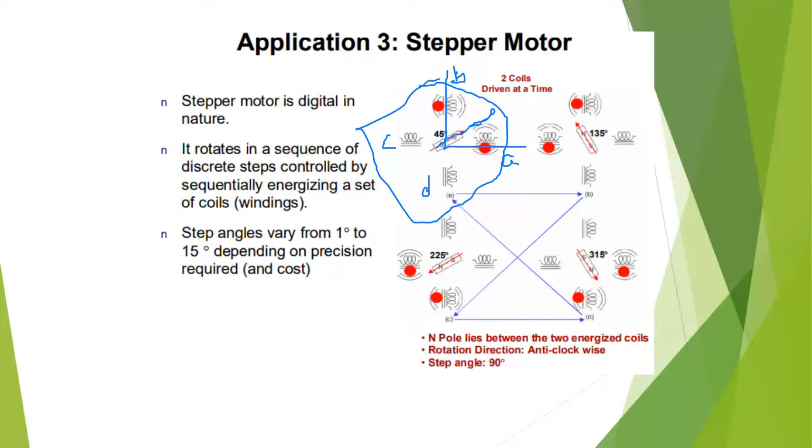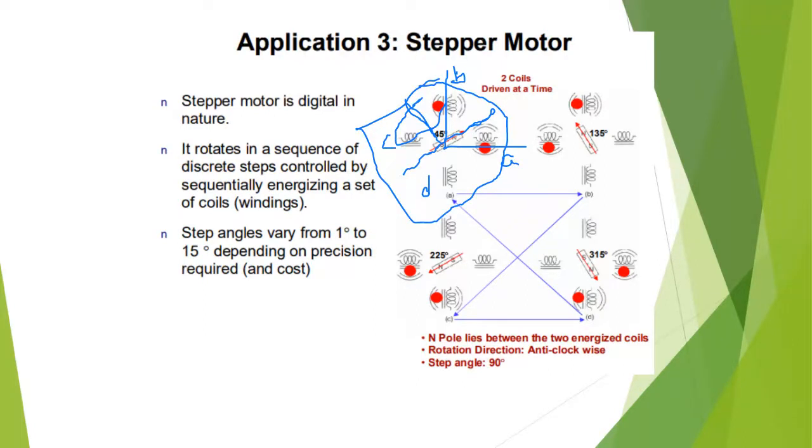Then B and C on. What will happen? It will jump and remain at this angle, which is 135. Then C and D on: the rotor will move another 90 degree, to 225.